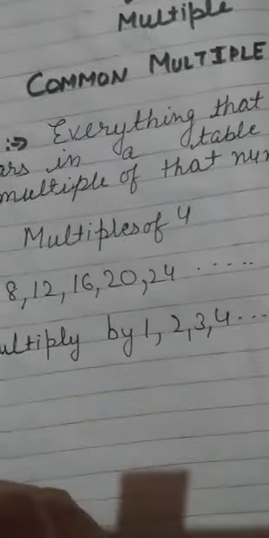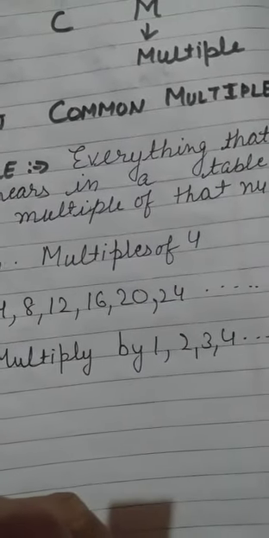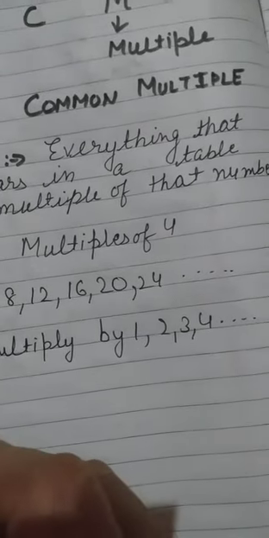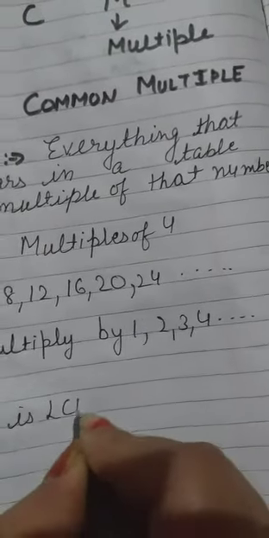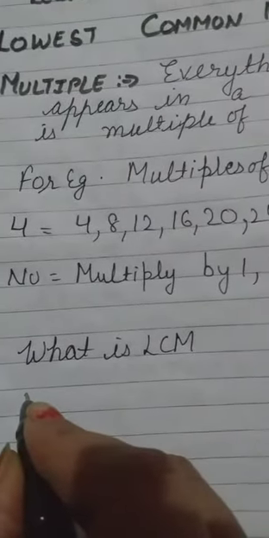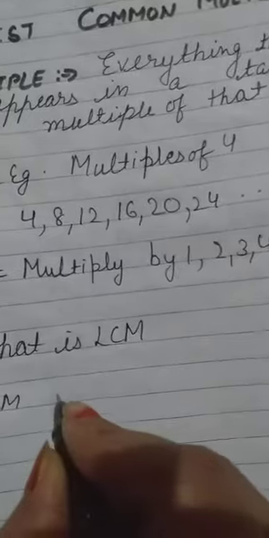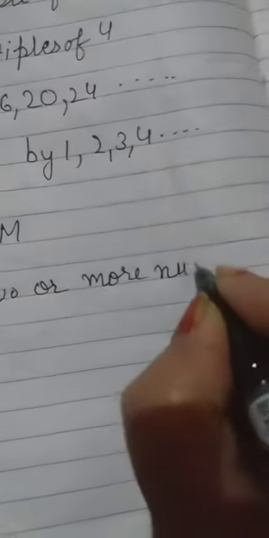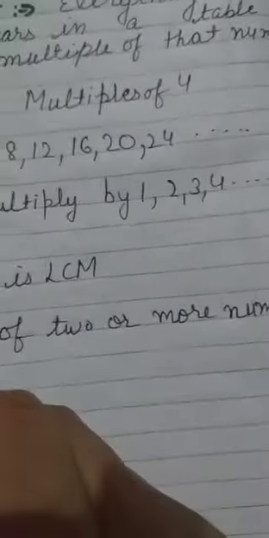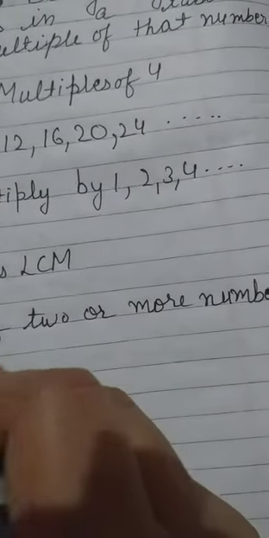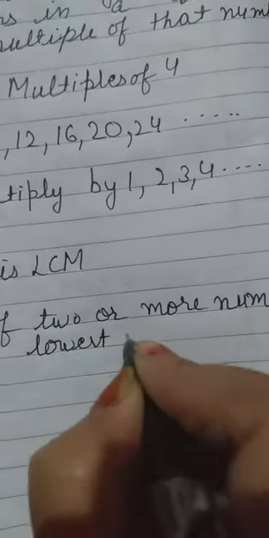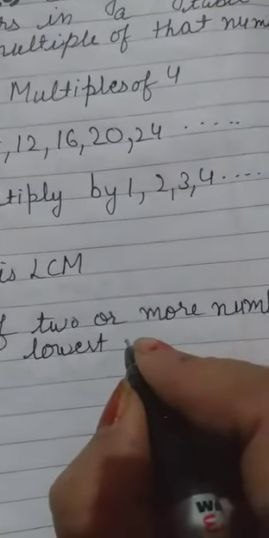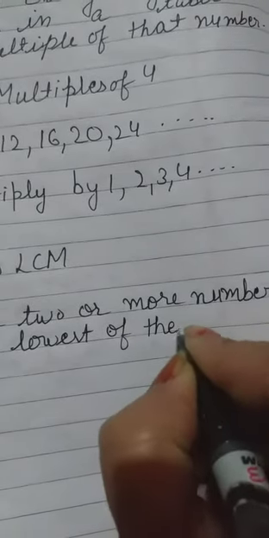The definition: LCM of two or more numbers is the lowest of their common multiples.